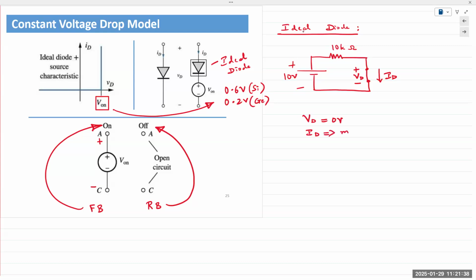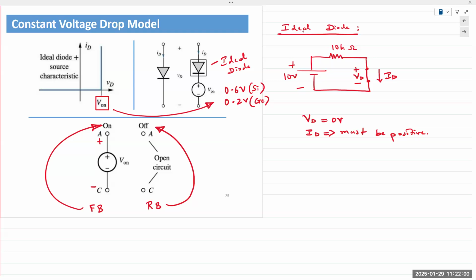ID must be positive. ID is the diode current that flows from anode to cathode. So if you're assuming that the diode is on, then at the end of my analysis, I should have a positive value for ID.